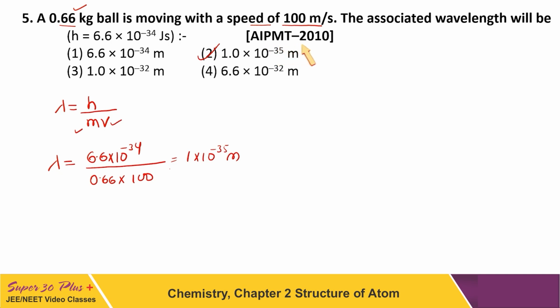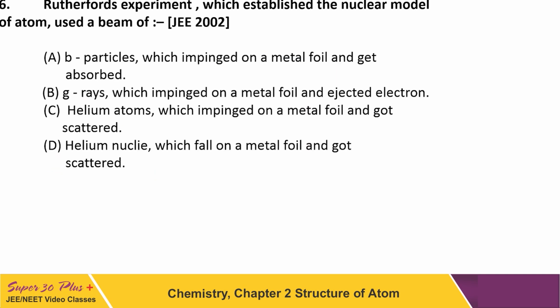Now we will discuss a few questions from IIT examination. See, this was a question in the joint entrance examination IIT JEE 2002. This question asks about the Rutherford alpha scattering experiment.